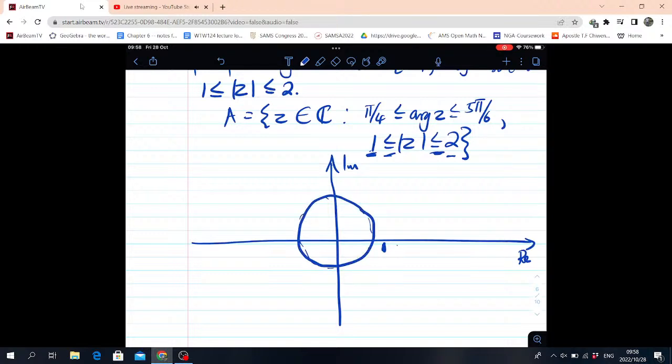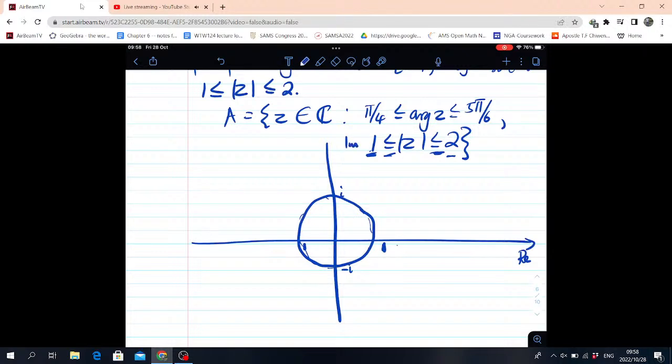And then here we will have i, there you've got 1, there you've got minus i, there you've got minus 1. Those are your points. And then maybe let me extend this, like that.